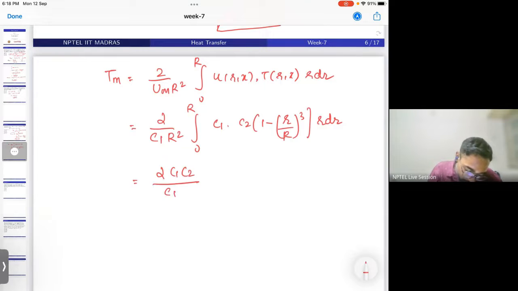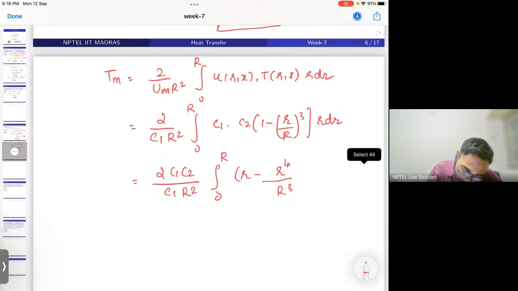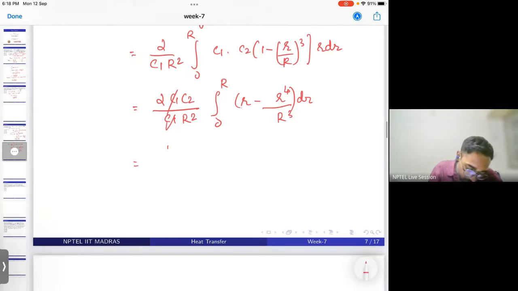C2 by C1 R square, integral 0 to R of 1 minus r cube divided by R cube, times r, dr. So this gets cancelled. 2C2 by R square, from 0 to R, r square by 2 minus R raised to 5 by 5 R cube.